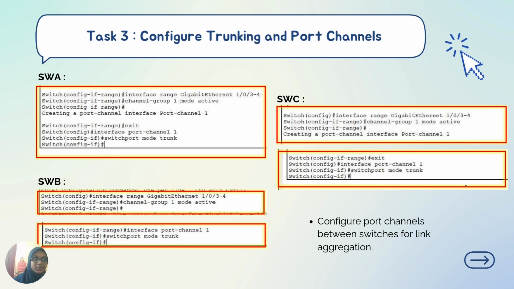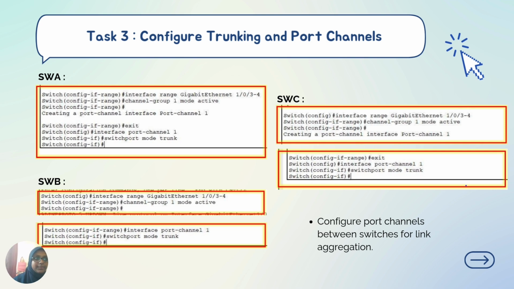First, on each switch, we enter the configuration mode for the specified range of interfaces. In this case, gigabit Ethernet ports 1/0/3 and 4.